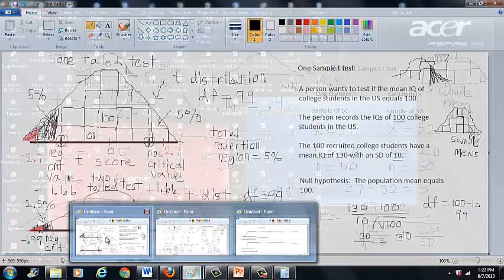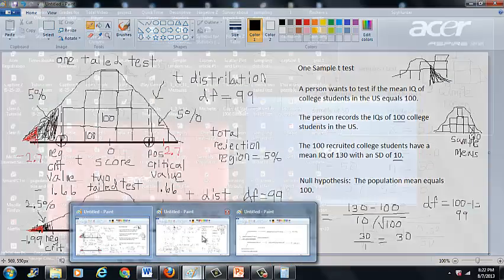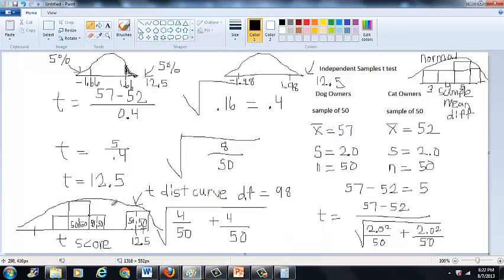In an independent samples t-test, you have a distribution of t-scores and a distribution of sample mean differences, which has to do with the top of the formula. The t-scores are once again important because the distribution of t-scores under the curve gives you p-values, and it lets you look up critical values.